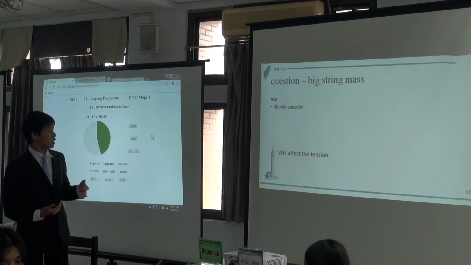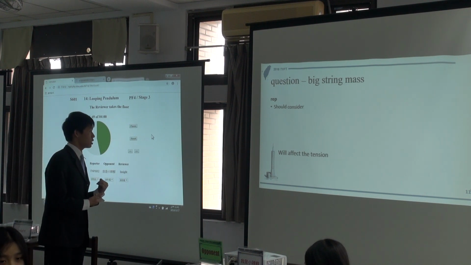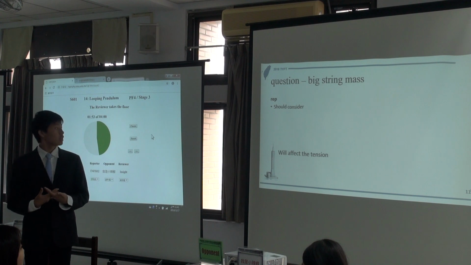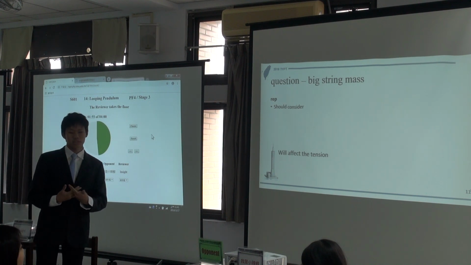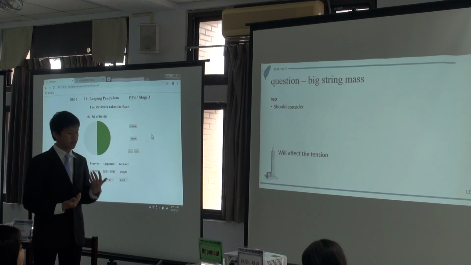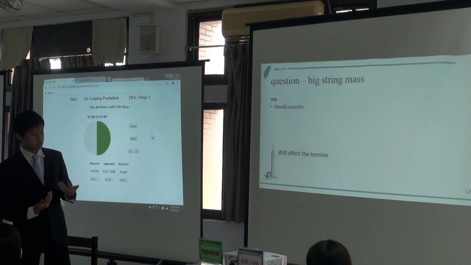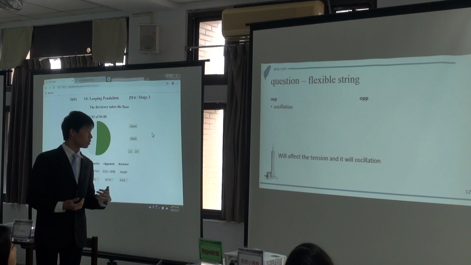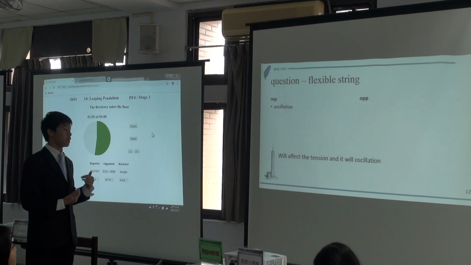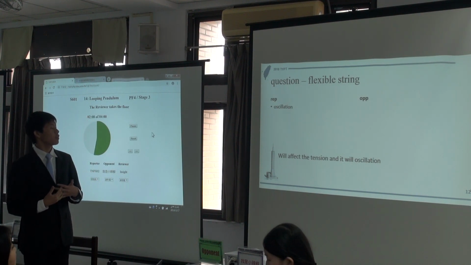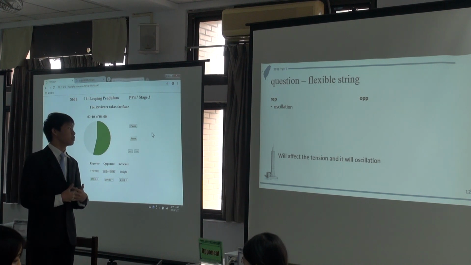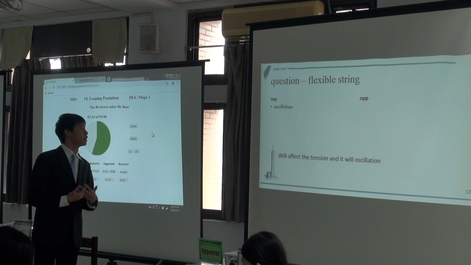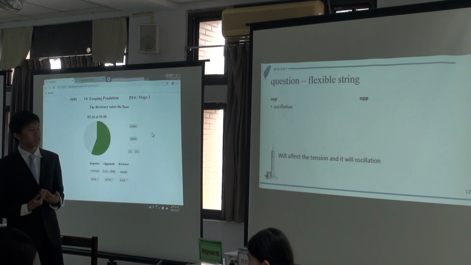Okay, I asked what if the string mass is really big, and the reporter answered they should consider the theory, and we think it will affect the tension, so maybe the theory should have some modification. I also asked what if the string is very flexible, and the reporter answered there will be some oscillation, and we think there will be oscillation too, which may affect the tension.